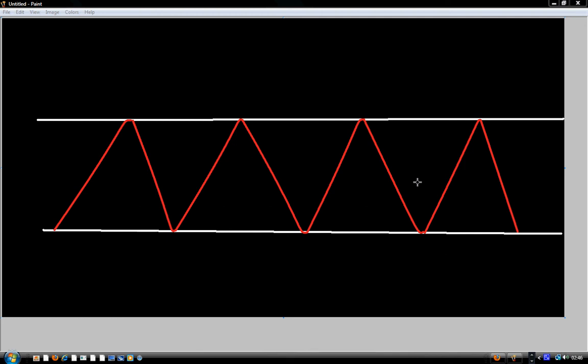A fake breakout to the upside is when we see an increase in volume and the resistance level is broken, but the bullish momentum is decreasing. That's a fake breakout. Same thing for a fake breakdown, or breakout to the downside: we have an increase in volume, a support level is broken, but the bearish momentum is decreasing. That's a fake one also.